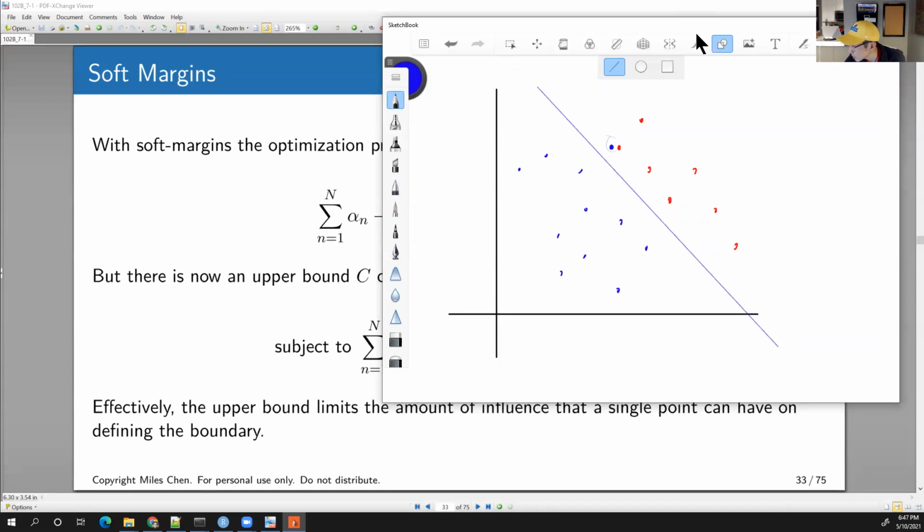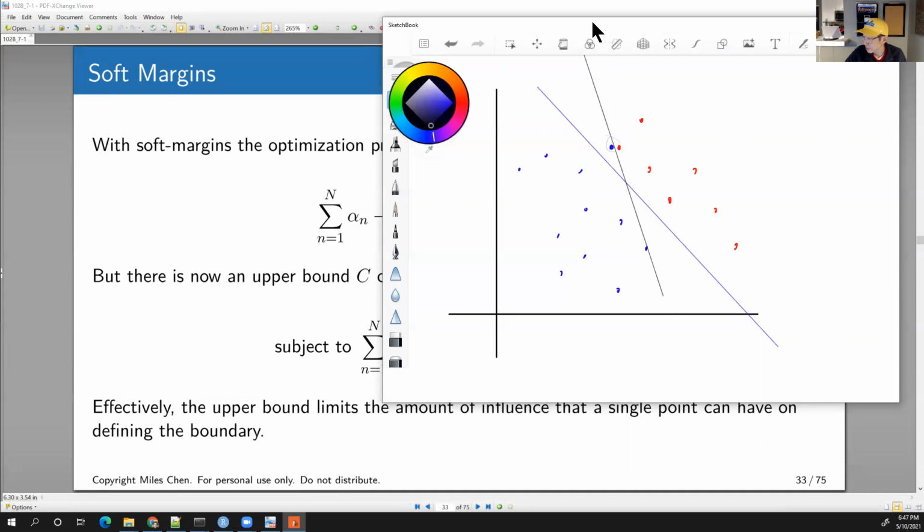But if we include this point here, then the boundary we have to draw is going to have to be something like this. We would have to draw this in order to correctly classify things. I think the earlier one makes more sense as far as where the blue and red points are.